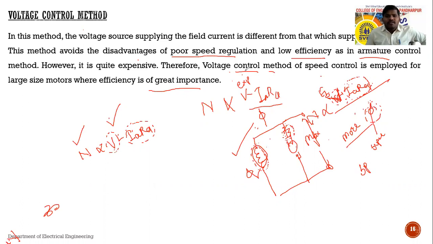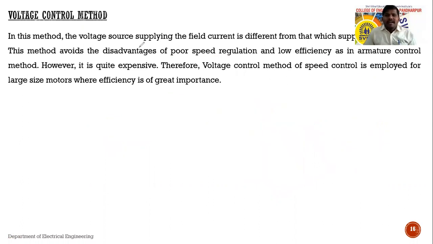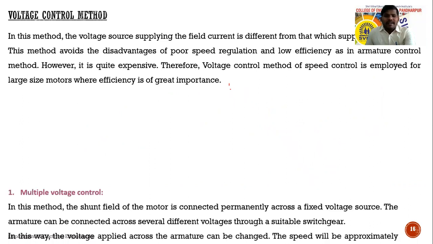So this voltage control technique is used where a large size machine is there and efficiency is of greater importance. Okay, so these are some advantages and disadvantages of the voltage control technique.